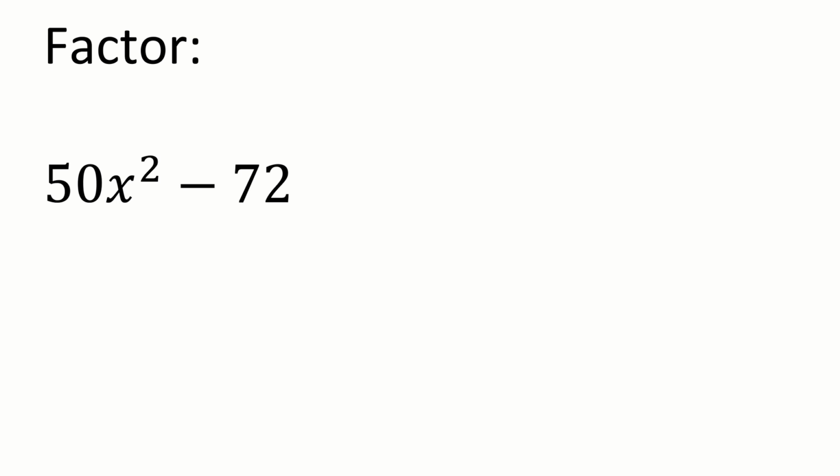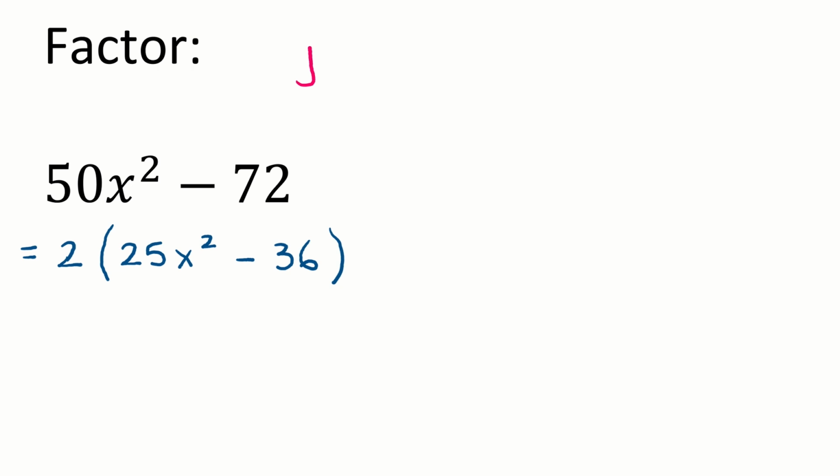However, 50 and 72 are both divisible by 2. So when we take the 2 out by factoring out the 2, we get left with 25x squared minus 36. And both 25 and 36 are perfect squares, so now this is a difference of squares problem. So sometimes you'll need to common factor first. And then what we're going to do is take the square root of both terms.